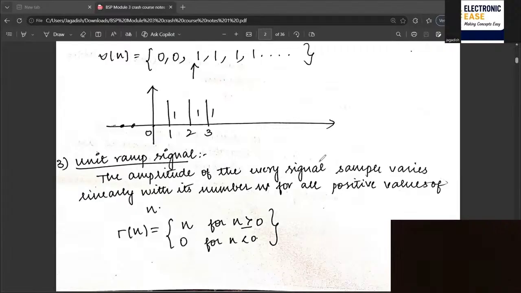The amplitude of every signal sample varies linearly with its number n for all the positive values of n.